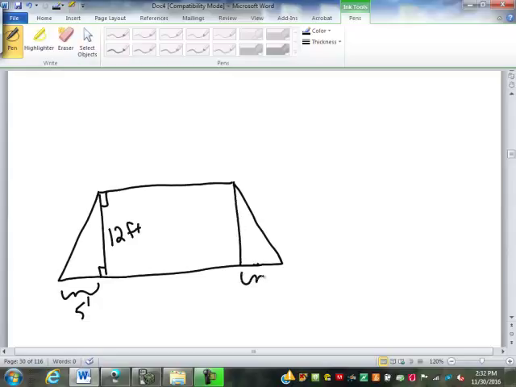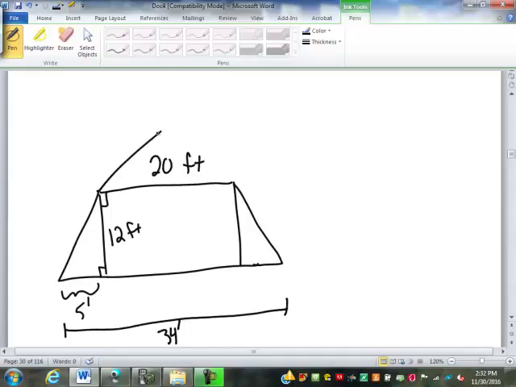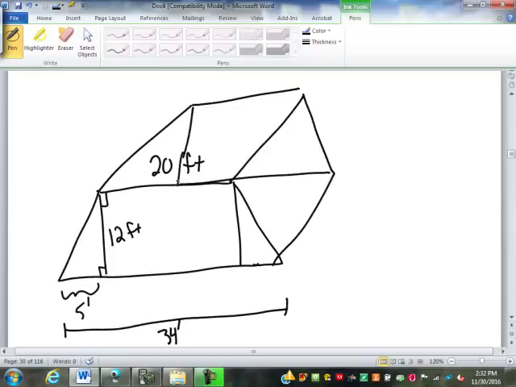Over here, we're going to leave that piece off for you for a second. Let's make this 20 feet up here. We'll make this whole bottom be 34 feet. And we'll call this 30 feet of length.